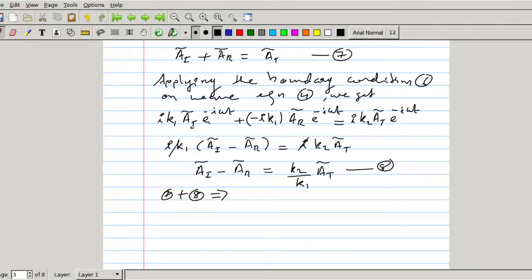Equation 7 plus 8. This is AI plus AR. This is AI minus AR. So we will be having 2AI. 2AI equal to, on the right hand side we are having AT plus K2 by K1 AT. So we have 1 plus K2 by K1 into AT.